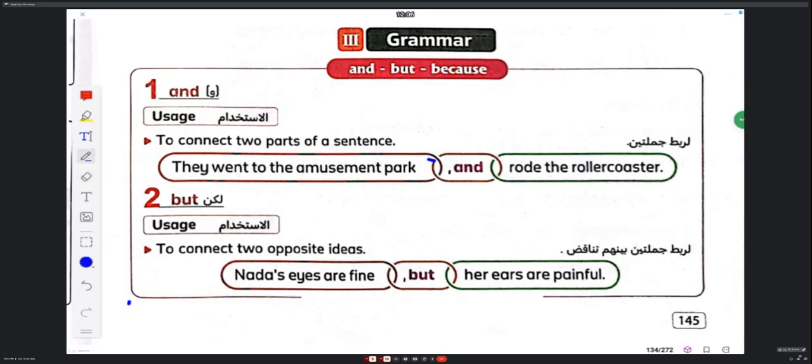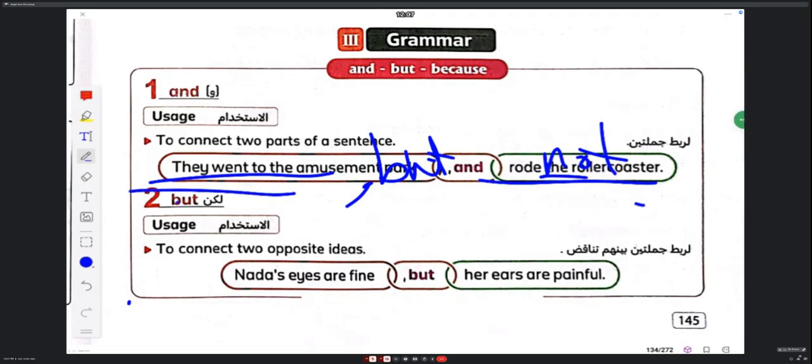Some other times we use the negative, not or no, but, and the same tense, present, past, and so on.